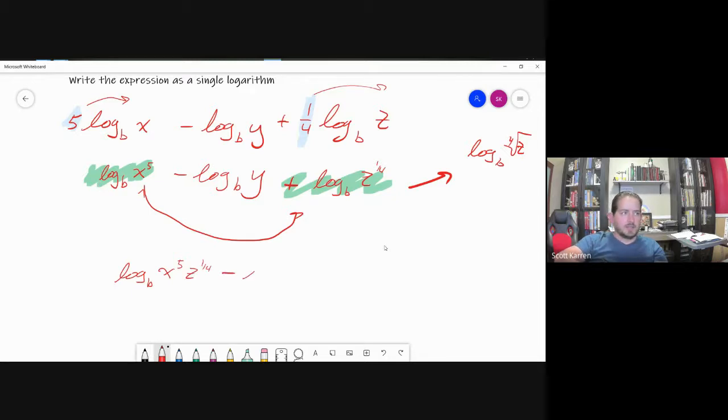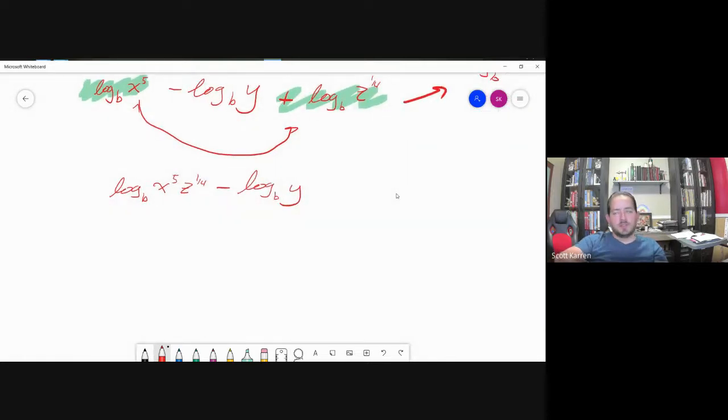And then I still have this minus log base b of y. Then I use the quotient rule because I have the difference of two logs, and I write this as a quotient. Log base b of x to the 5th, z to the 1/4, all over y. And that's it.